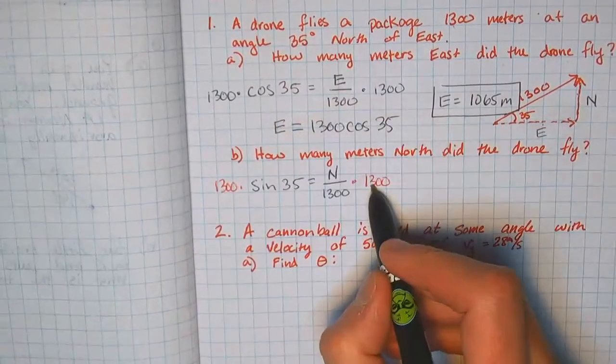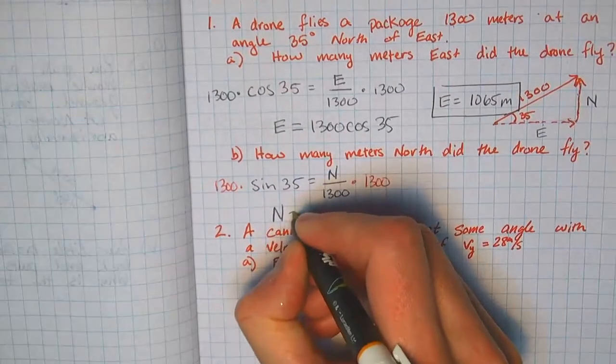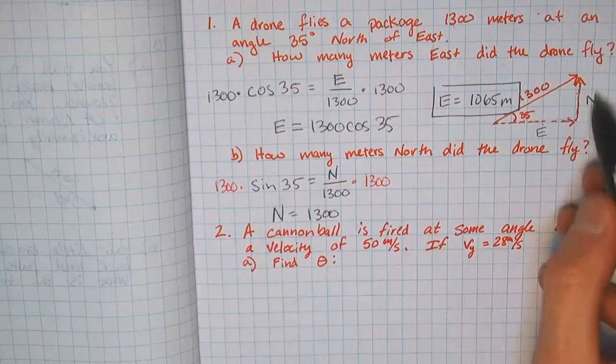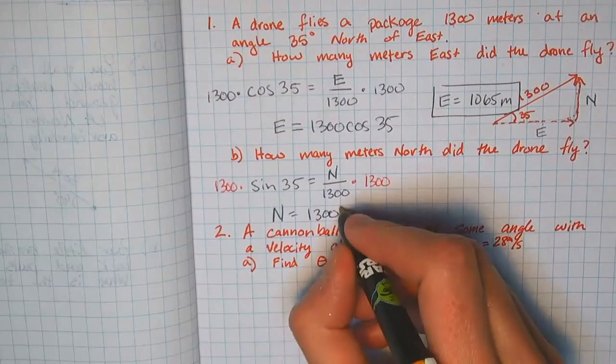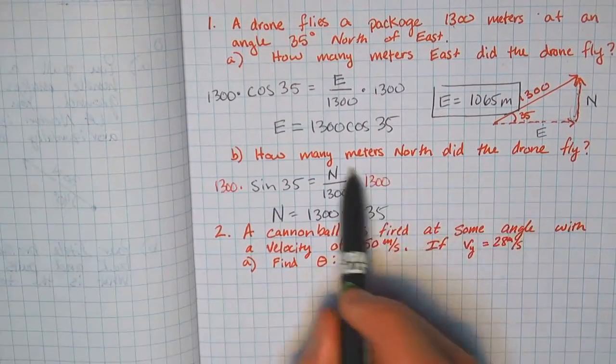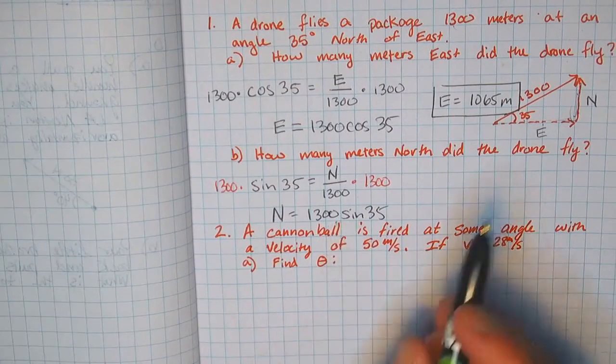And you're going to get to the point where you can just skip that step and go directly to this step, where you realize that this is just going to be 1300 sine 35. You might need to start out with this step the first couple times, but hopefully you can move right onto this fairly quickly.